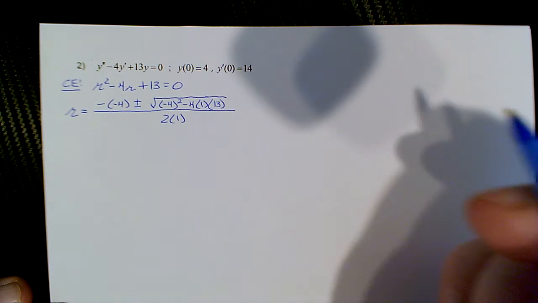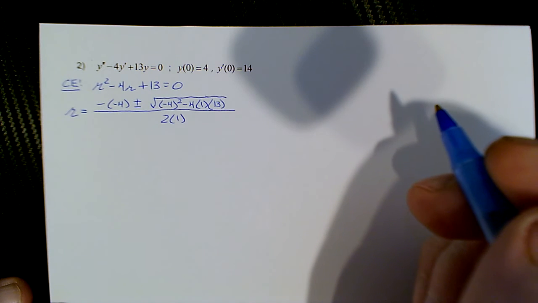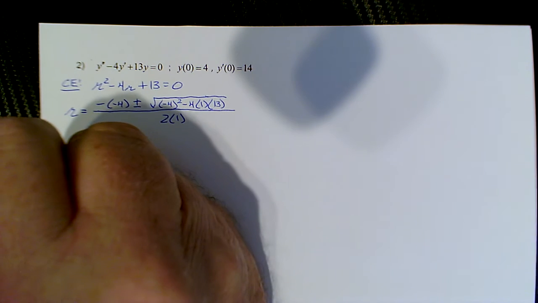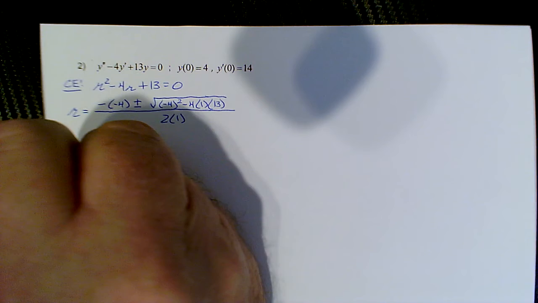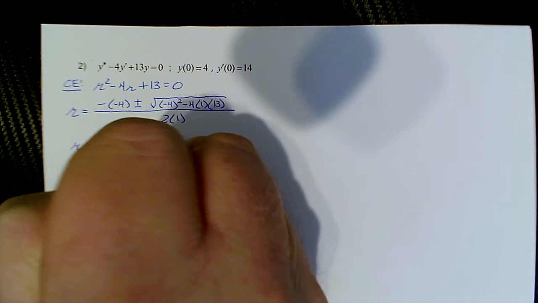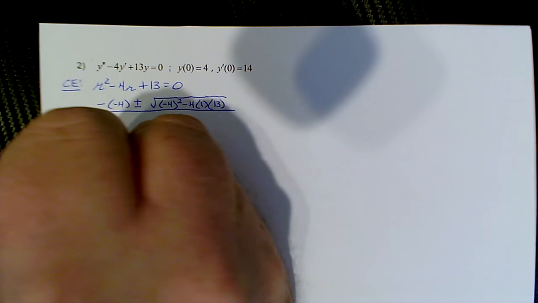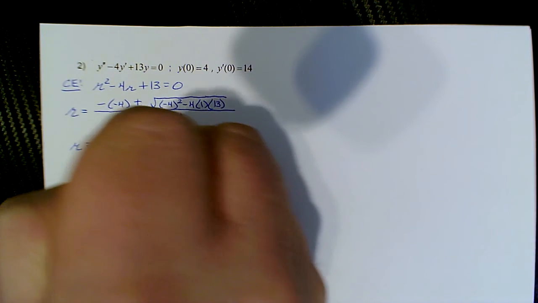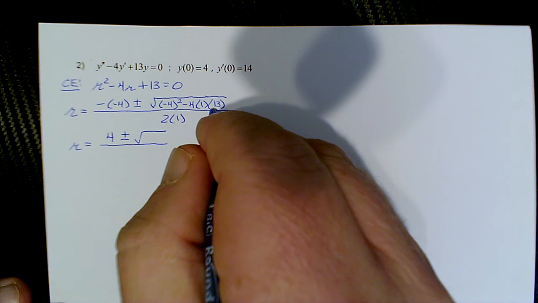And that's all over 2 times a, which is 1. So we have r equaling positive 4 plus or minus the square root of, okay, that's 16 minus 52, which is negative 36.